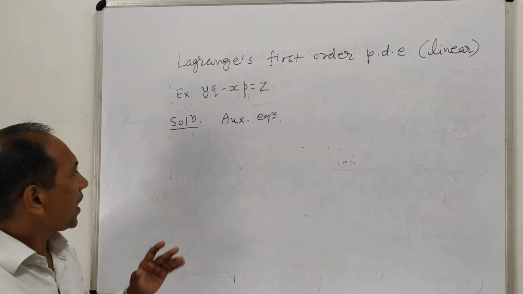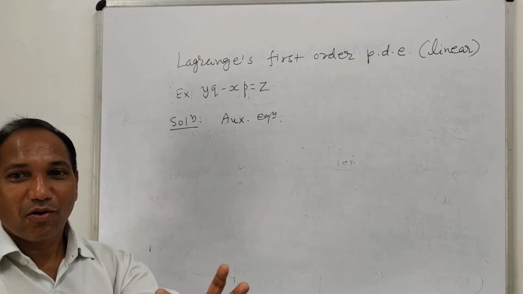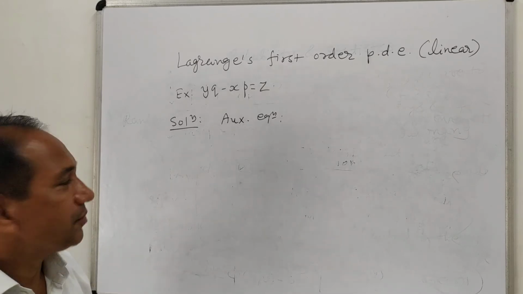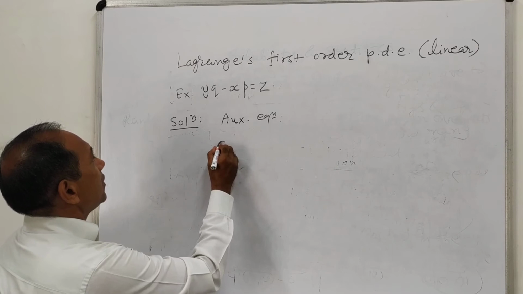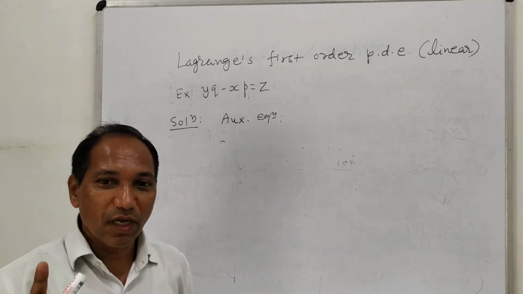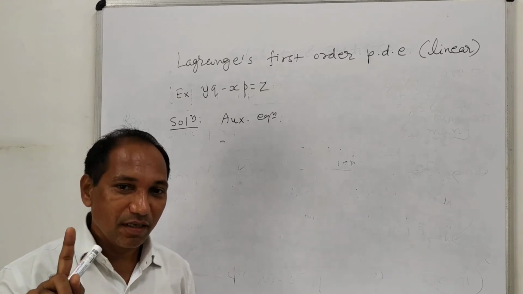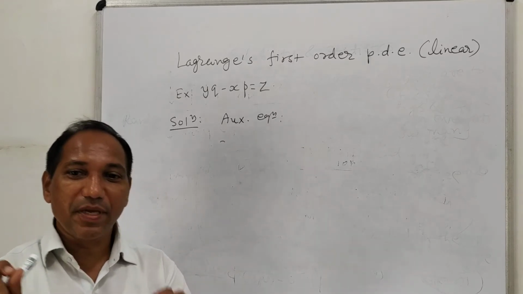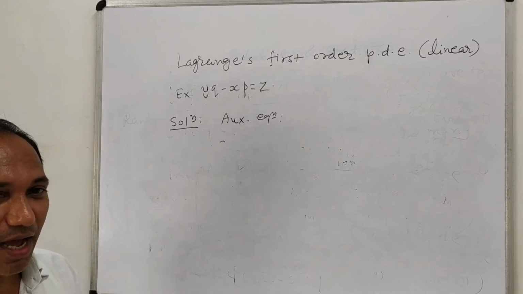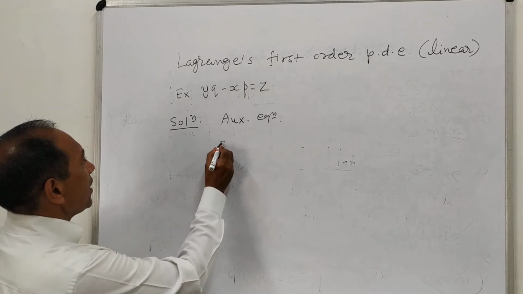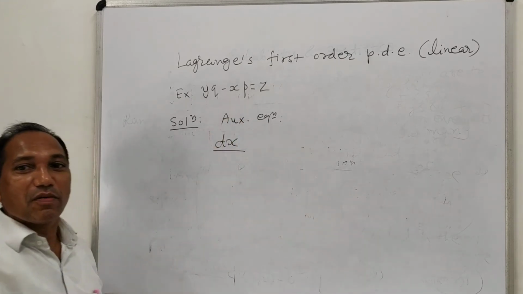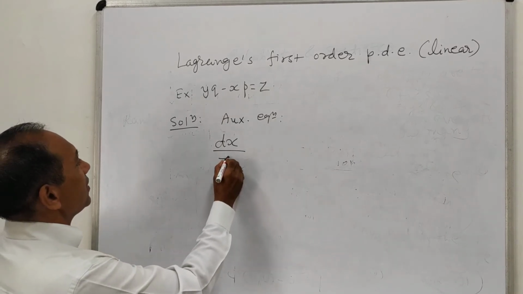Then you write that the auxiliary equation is given by, and one more thing you remember. I told you earlier that the equation can be written in the form of capital P into small p plus capital Q into small q equal to capital R. So first, whenever we want to write dx upon capital P, capital P is the coefficient of small p and it is minus x.